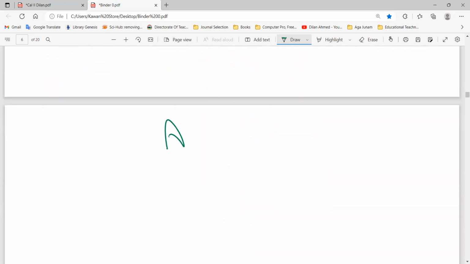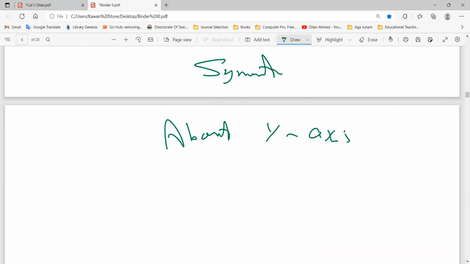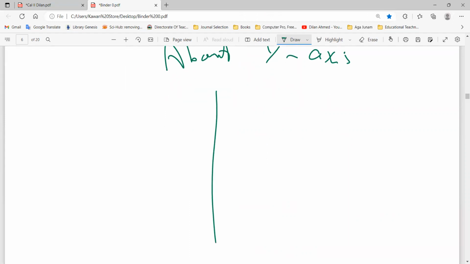Now about the y-axis. I want a symmetry. Okay, about the y-axis, it means that I have P1 here and I want to find P2 here. Am I right?